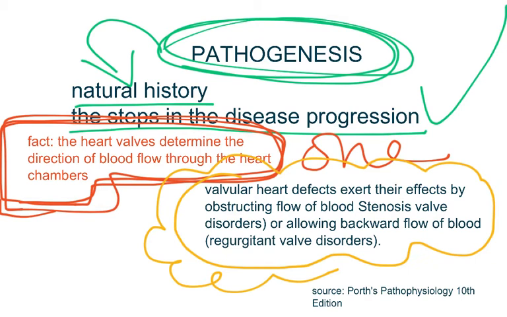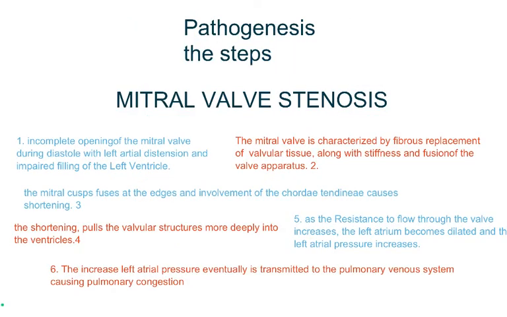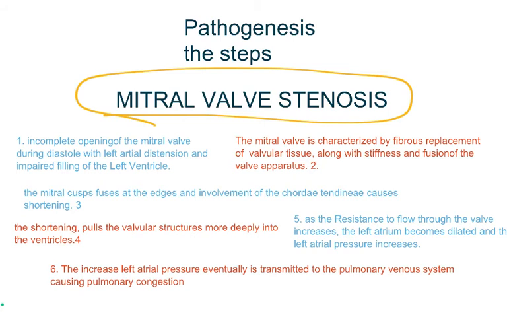So we know how this develops, and we understand already the pathogenesis. We understand the etiology that can cause these problems. Now, taking a step further, when we look at the pathogenesis of mitral valve prolapse, these are the steps. We have in front of us 6 main steps.